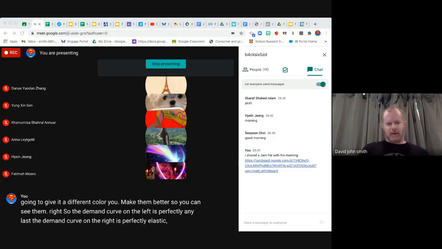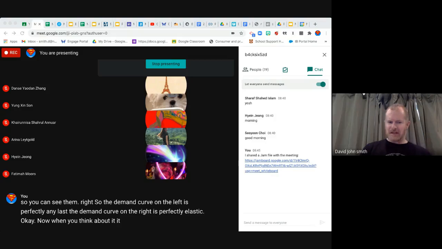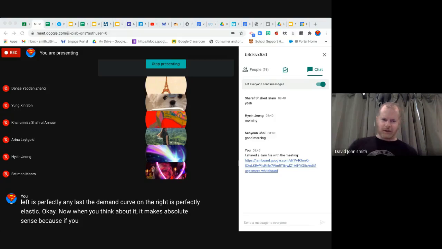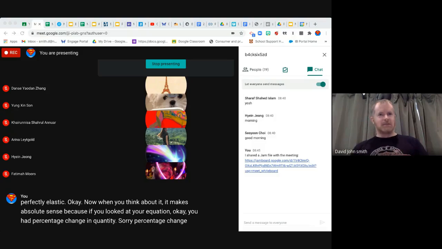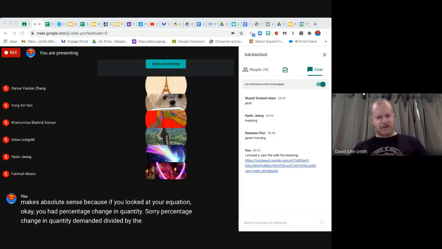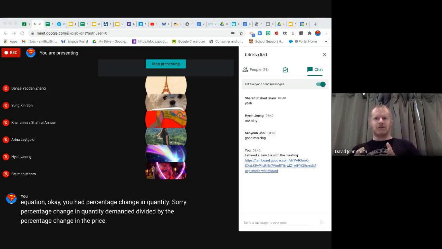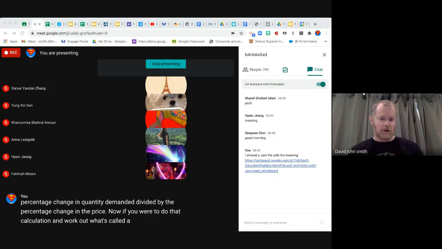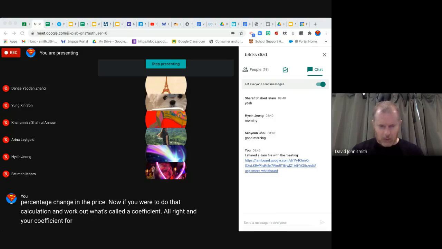Okay. Now, when you think about it, it makes absolute sense, because if you looked at your equation, you had percentage change in quantity demanded divided by the percentage change in the price. Now, if you were to do that calculation and work out what's called a coefficient, and your coefficient for PED was equal to 0.